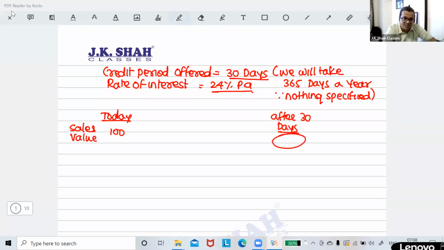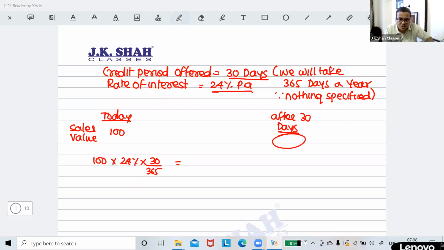This is simple. 100 into 24% for 30 days, correct? 100 into 24% is obviously 24, into 30 divided by 365, comes to some odd value.